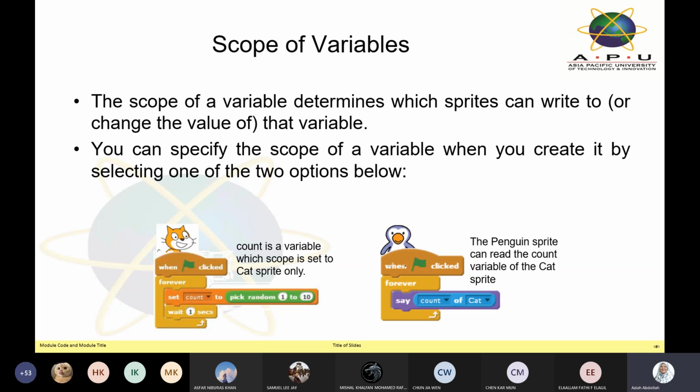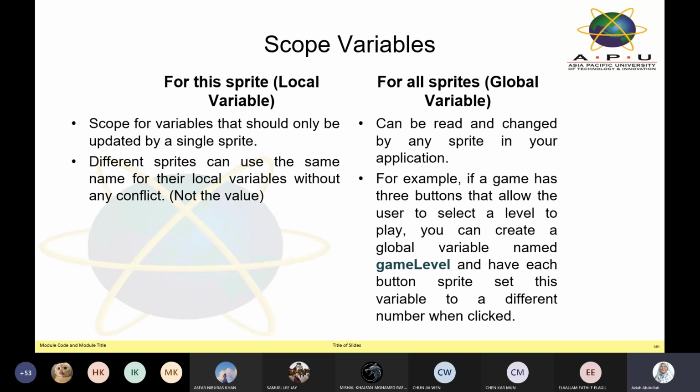But if you choose a global variable, that means the penguin can also change and set the value. Remember, when we created the stopwatch, we used global variables, for all sprites.